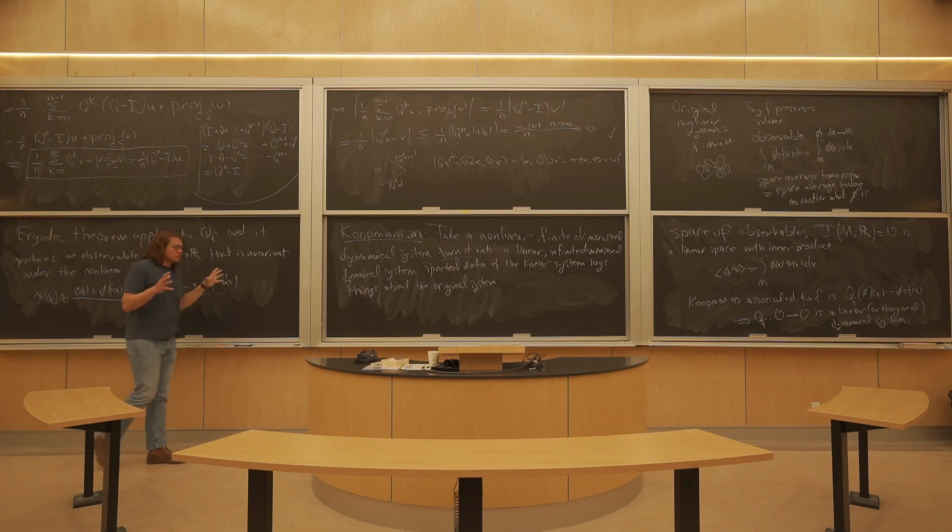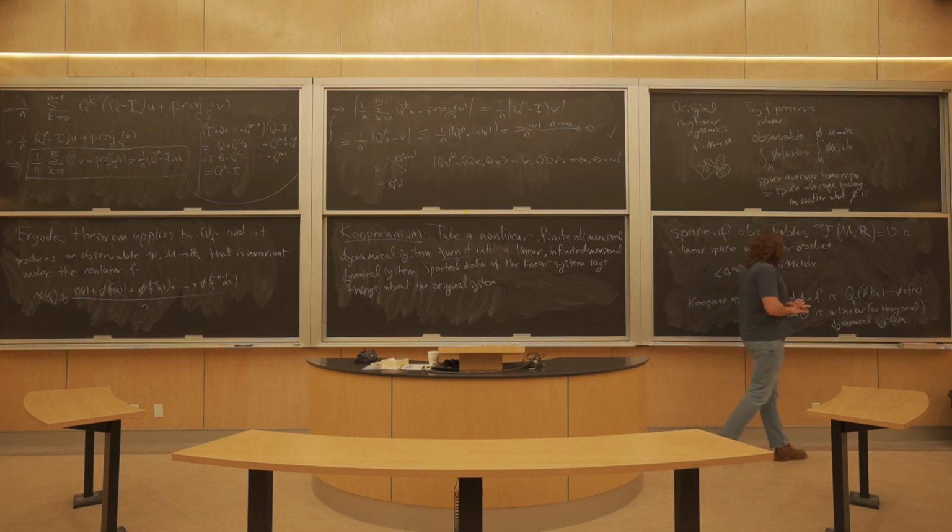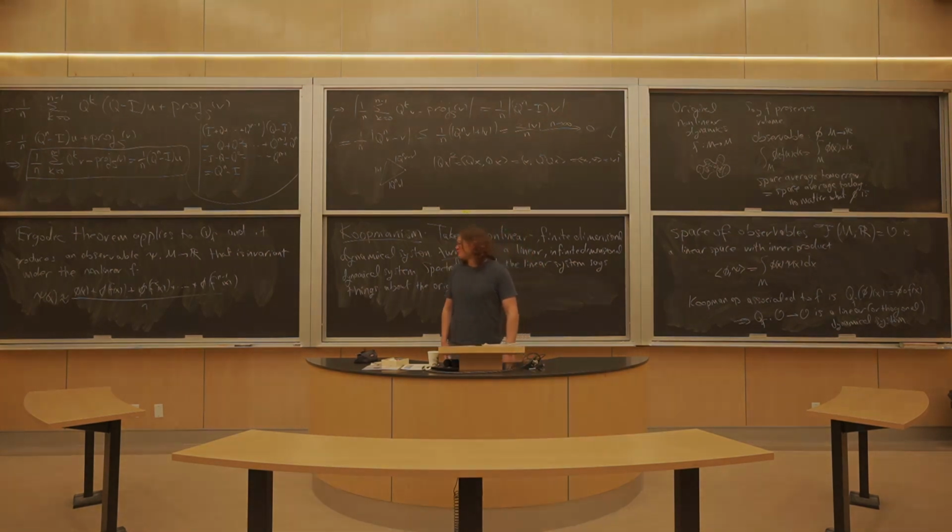You have your dynamical system, you iterate it, and somehow averages converge to the invariant thing you want. There are certain details about this, but I think it's a good place to stop. Tomorrow, we'll get back to PageRank. Okay, thank you.